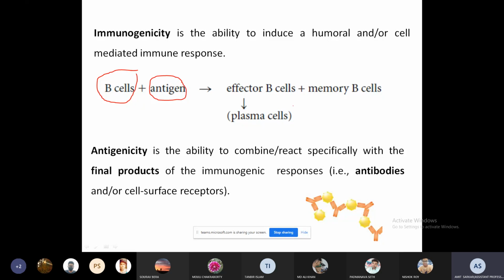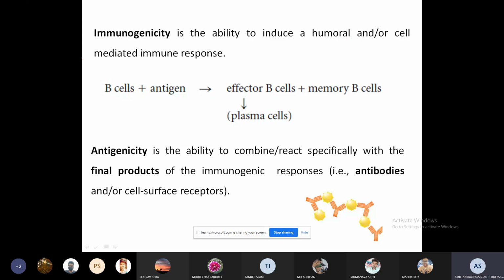Finally, what we're getting is plasma cells and memory B cells, and we know that these plasma cells are going to produce soluble antibody molecules, and these soluble antibody molecules in turn are going to bind to this antigen wherever they find them. So they are inducing, they are stimulating our immune response.